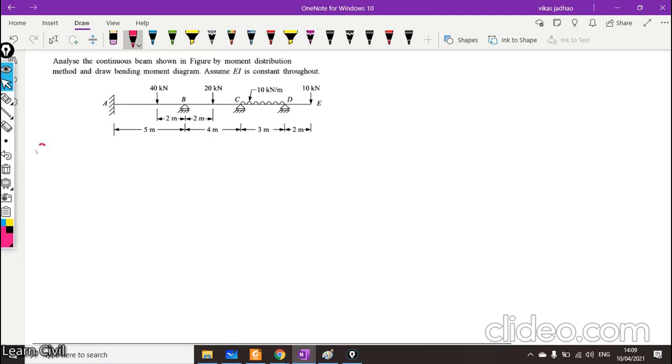So we'll start with step number one. Calculate fixed end moment.